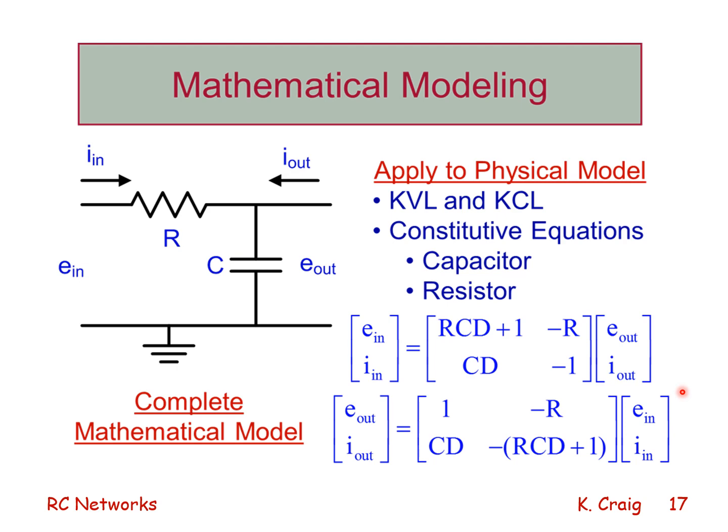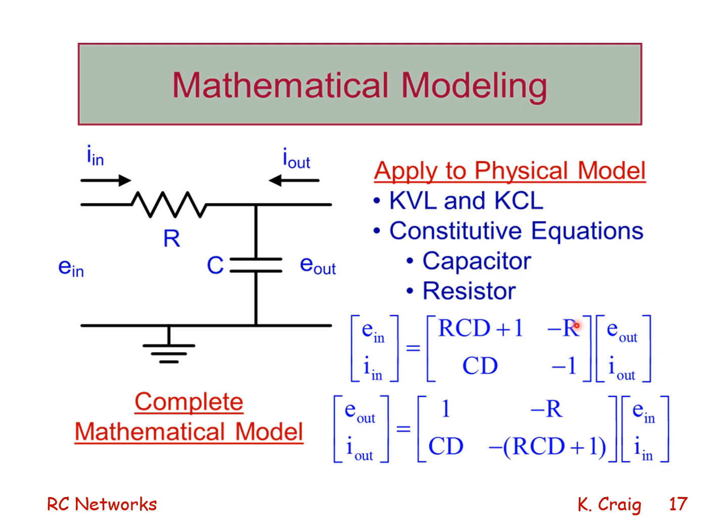Then if I want the relationship between input and output versus output and input, I see that E out equals 1 times E in minus R times I in. I out is equal to CD times E in minus the term RCD plus 1 times I in.